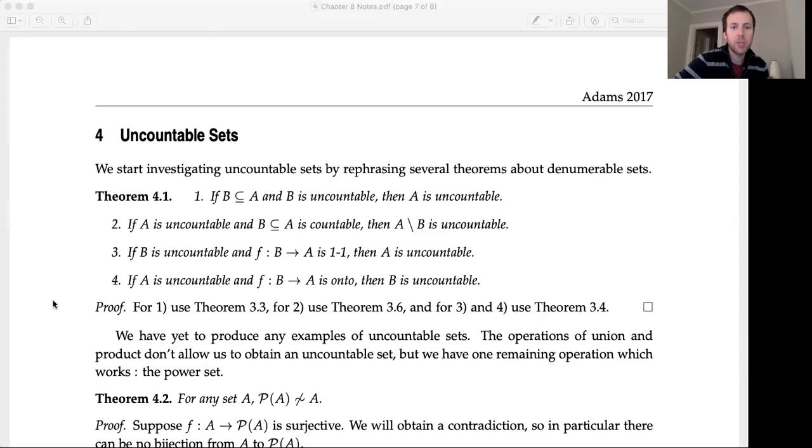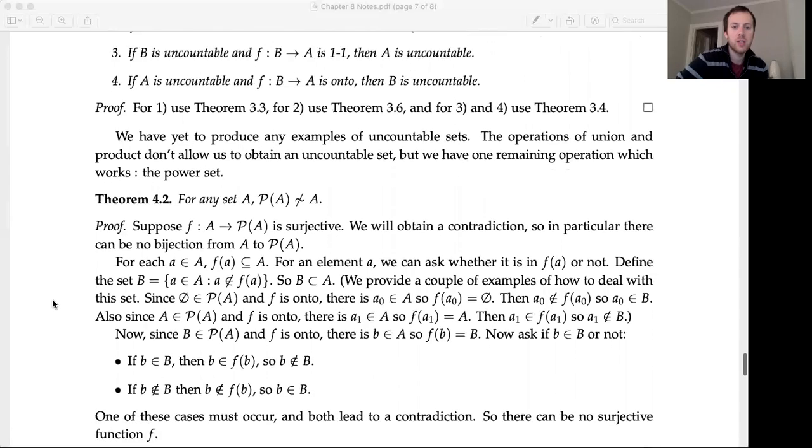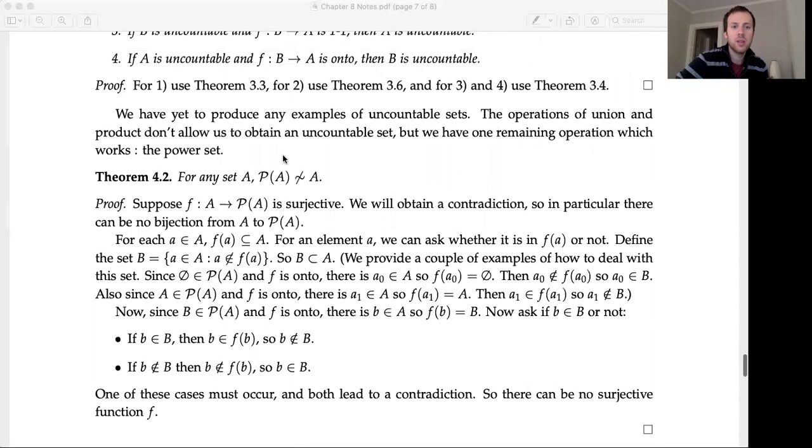So the place where uncountable sets show up is the power set. If you take a set A, and then the power set is all of its subsets, what turns out to be true is that those are not equinumerous. And the proof is kind of sneaky.